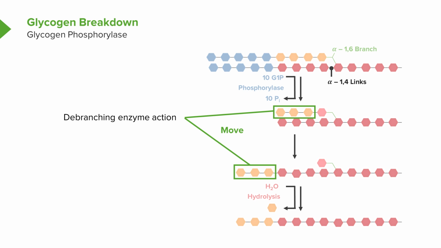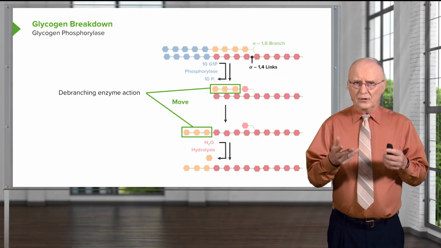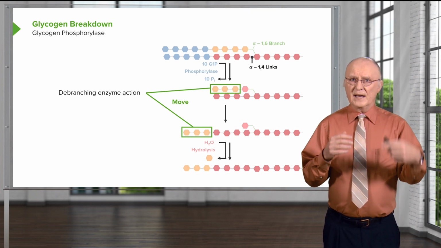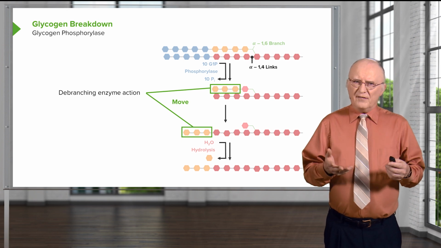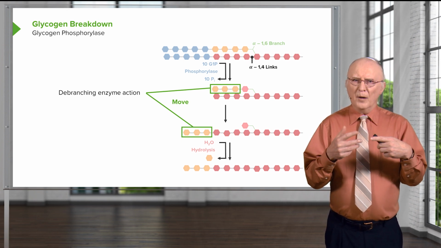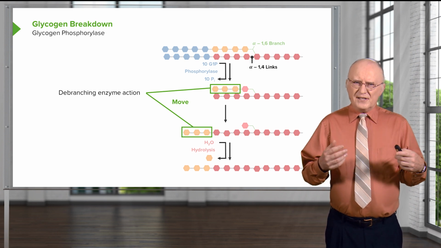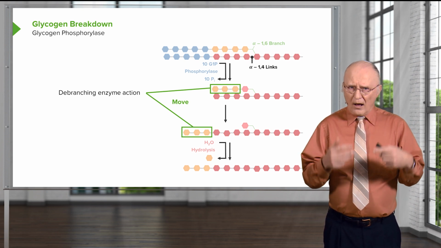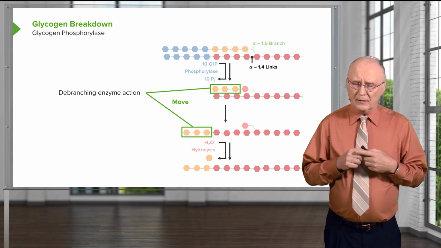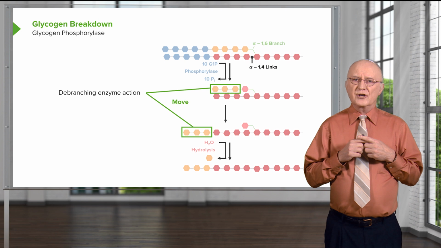Debranching enzyme is also interesting in another respect, and that is it actually catalyzes two different reactions. The first reaction you can see on the screen, which is the transfer of the 3 residues of glucose down to the lower chain. What's left behind is that single molecule that's shown above the main chain. That single molecule has the alpha-1,6 bond that's part of the glycogen branching.